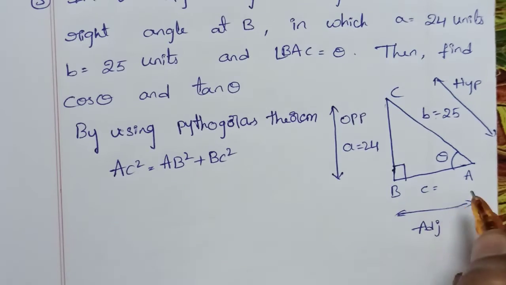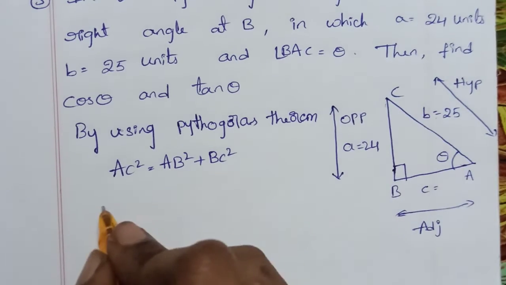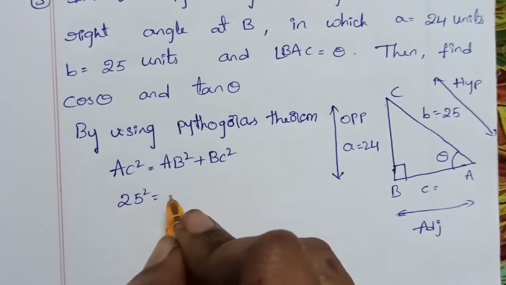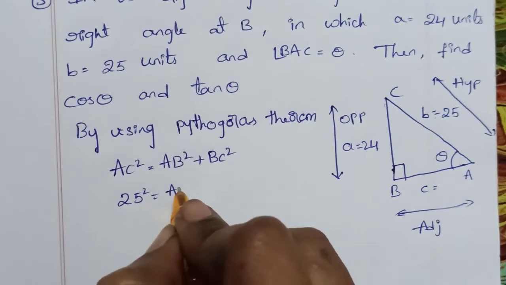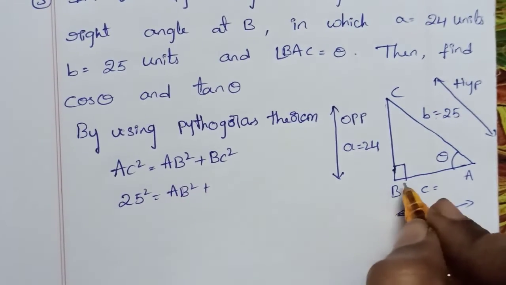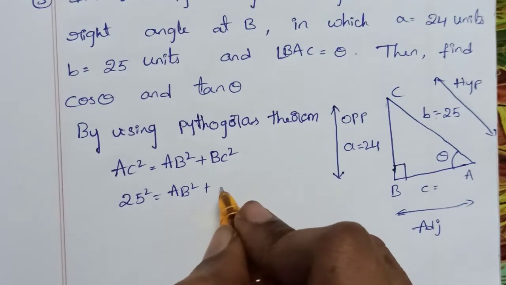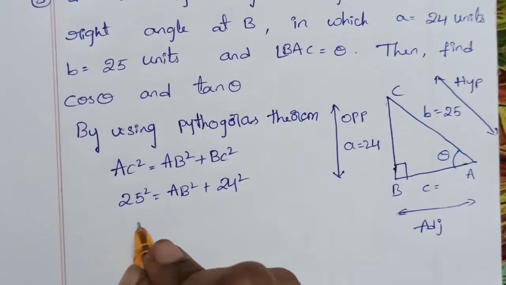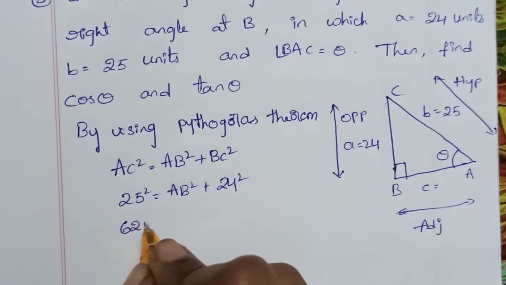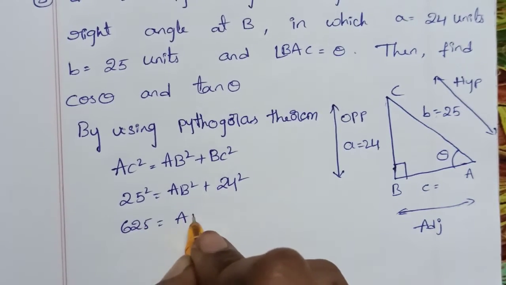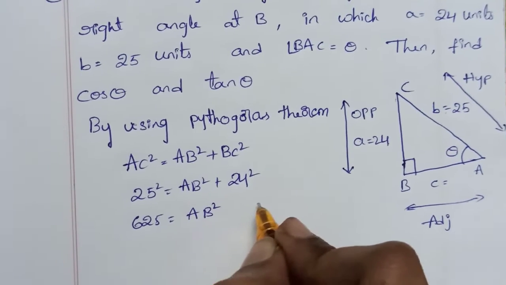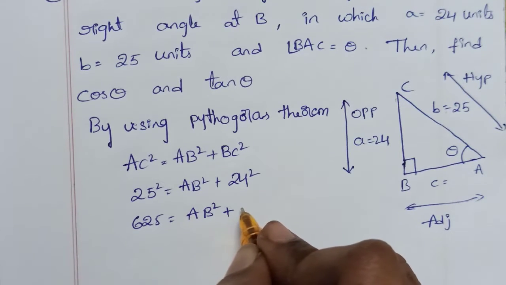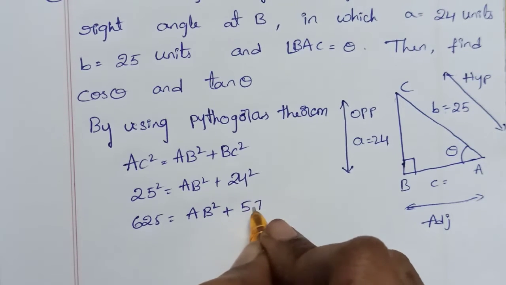AC length is 25. 25 square is equal to AB square plus BC square, 24 square. 625 is equal to AB square plus 576.